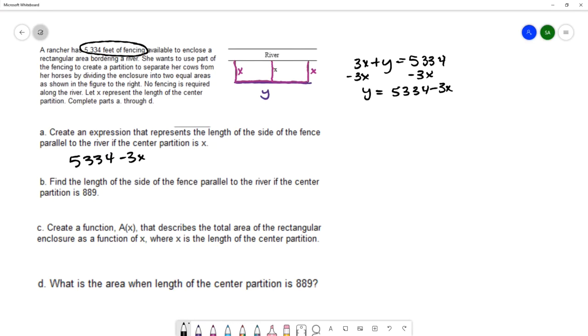Then if we want to find the length of that side, when we're given that the center partition is 889, we're given that value of x, we can substitute to get the value of y, the side parallel to the river. It's going to be 5,334 minus 3 times 889. We can do that with our calculator.